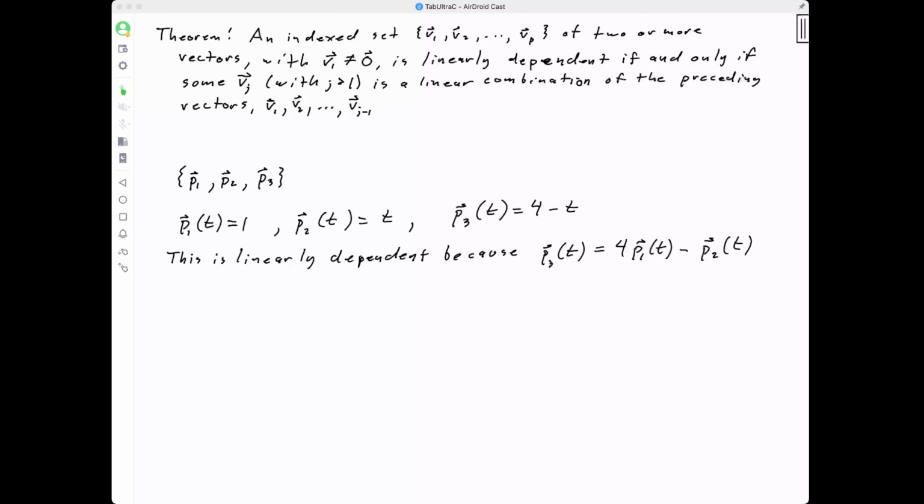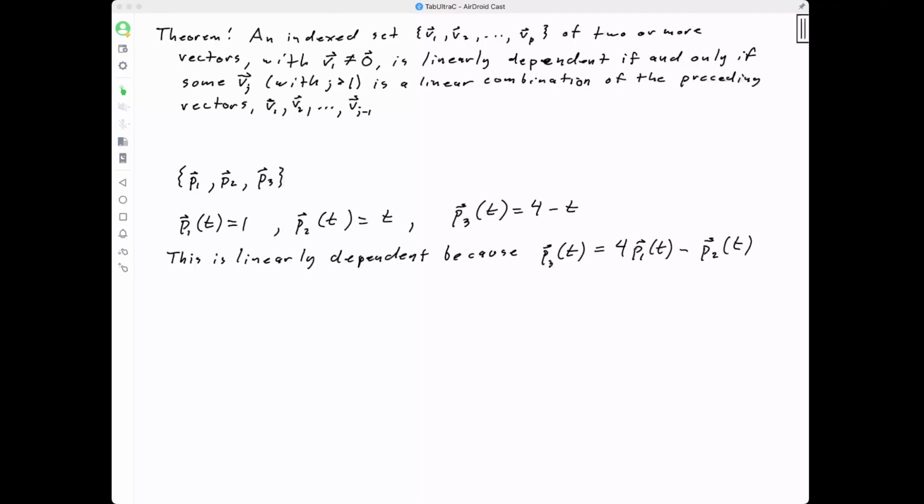So this means that it is linearly dependent. This is an important idea, because if I think about all the vectors in the span of P1, P2, and P3, the P3 didn't add any vectors to the span. Because P3 is a linear combination of P1 and P2, everything that you could get to using P3, you could already get to without P3.